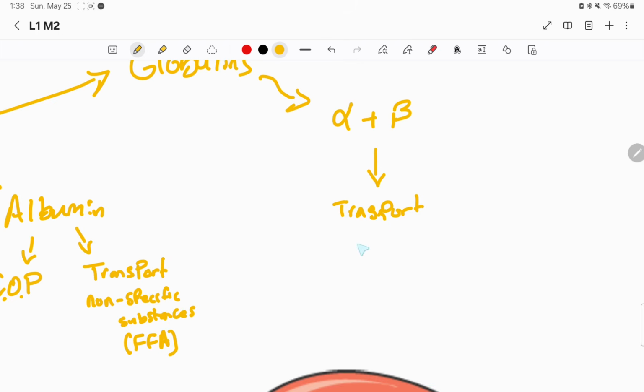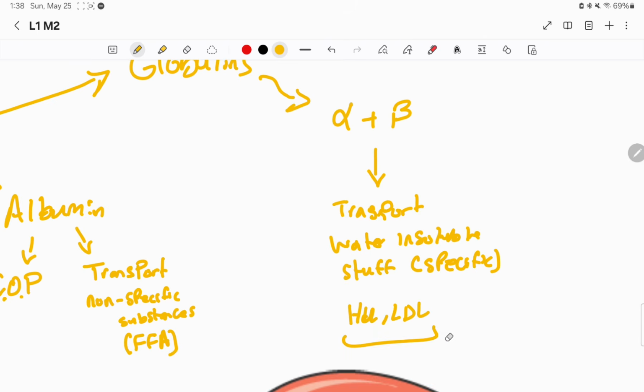But again, similar to albumin, they transport water insoluble stuff, whatever does not dissolve in water. But they are specific in what they transport. I'll give you a couple examples of these. I'm sure you guys have heard of HDL, LDL. These guys classify as alpha and beta globulins.